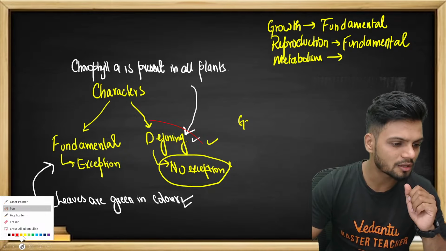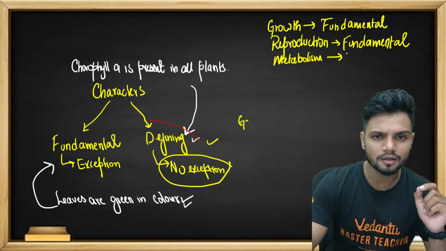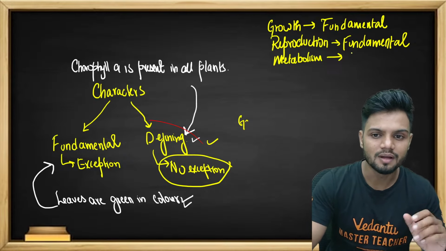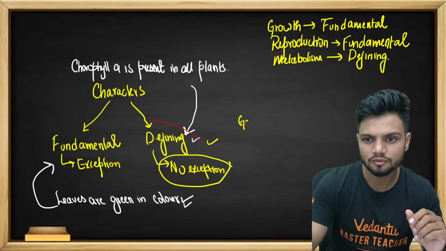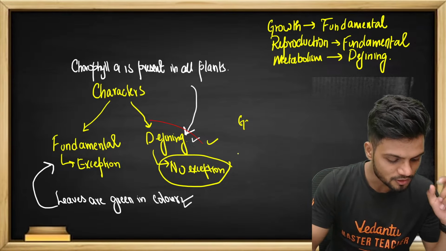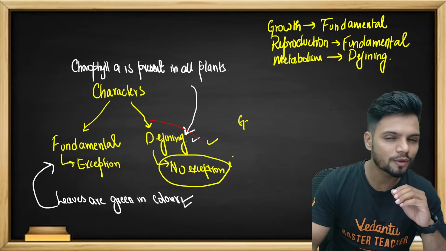Unicellular, multicellular, plants, animals, fungi, microbes, every single living organism will show metabolism, and that is why it is called a defining character. Understood, all of you? That's why it's called a defining character. Metabolism. There are no exceptions whatsoever.